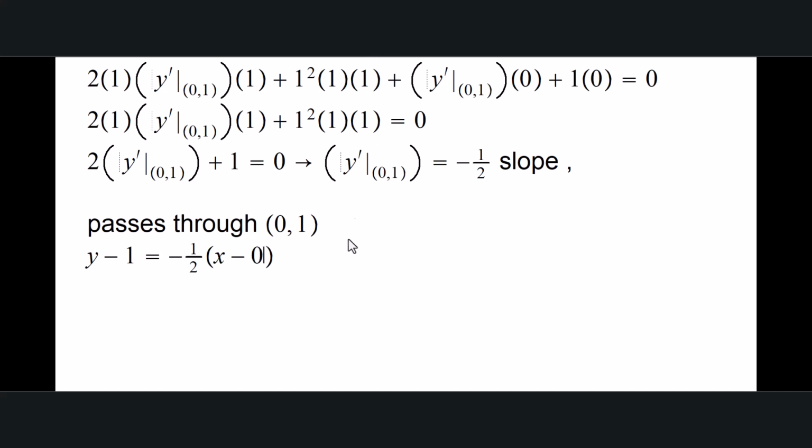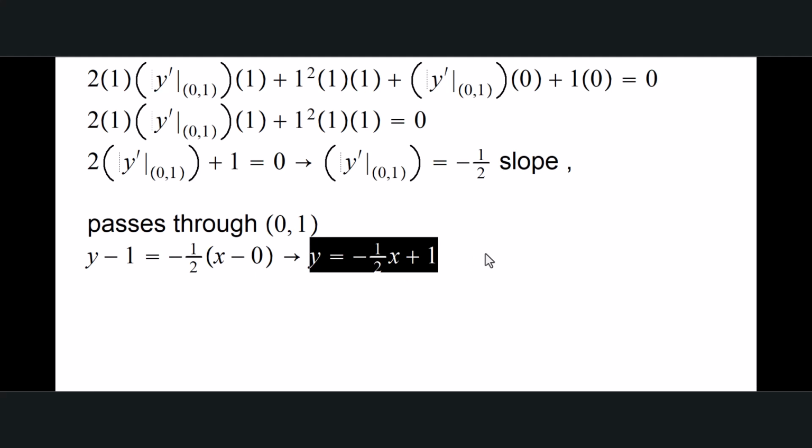And that gives us what? An equation of the tangent line is negative 1/2 x plus how much? Plus 1. So we got the right equation, y equals negative 1/2 x plus 1.